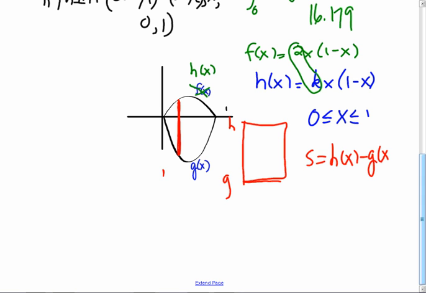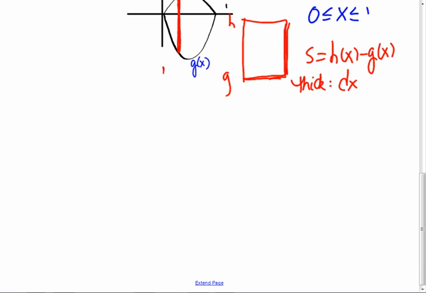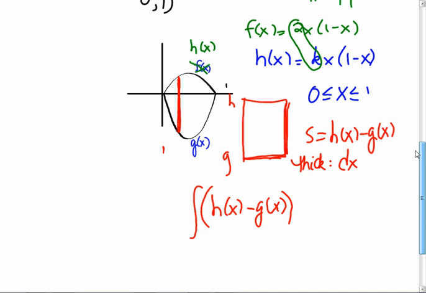What's the thickness then? Natalie, what's my thickness? Dx or dy? That's right, because it's perpendicular to the x-axis. Okay, so we are going to integrate h of x minus g of x, because it isn't the original picture anymore.